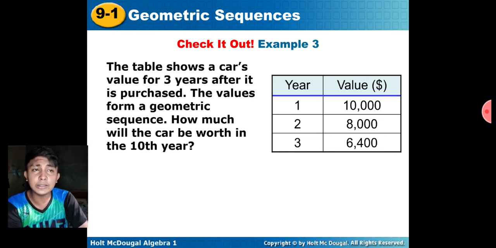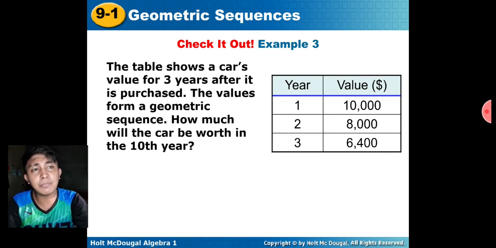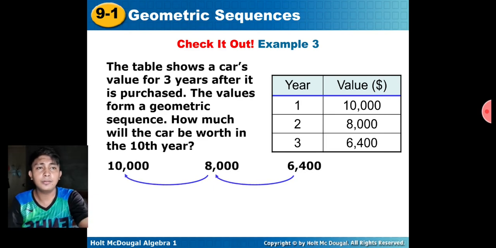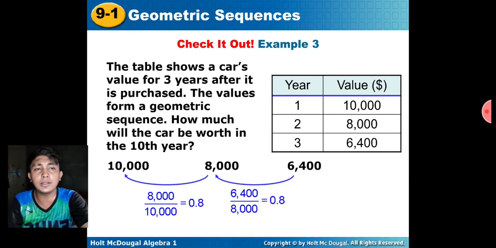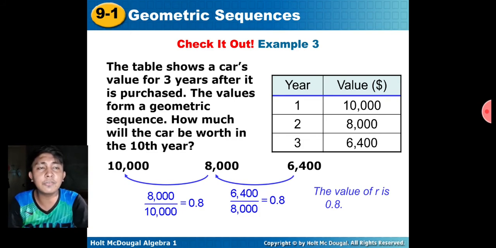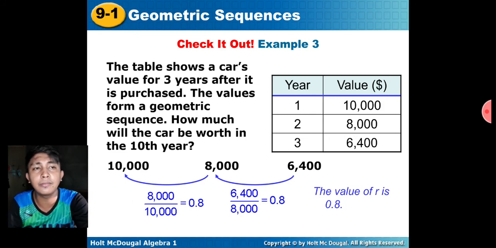Alamin muna natin kung ano yung ratio niya. 8,000 divided by 10,000 and 6,400 divided by 8,000. So, the ratio is 0.8.